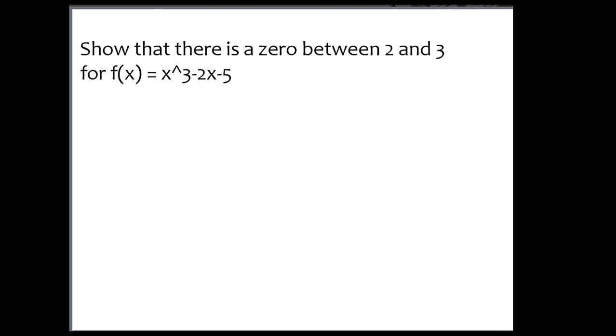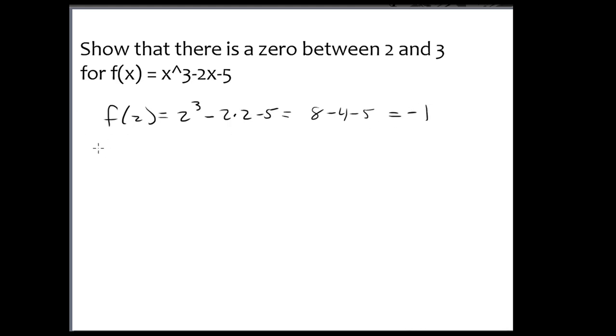I'm going to show that there's a 0 between 2 and 3 for f of x equal to x cubed minus 2x minus 5, and we're going to do it the same way that we did before. I'm going to take f of 2, that's 2 cubed minus 2 times 2 minus 5, that's 8 minus 4 minus 5, which is -1.